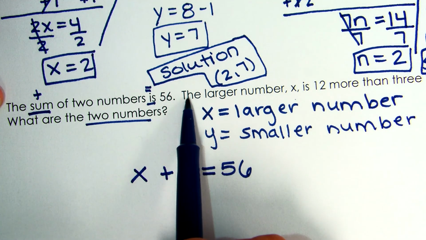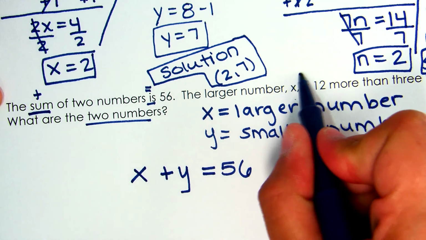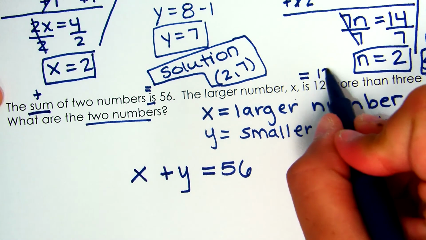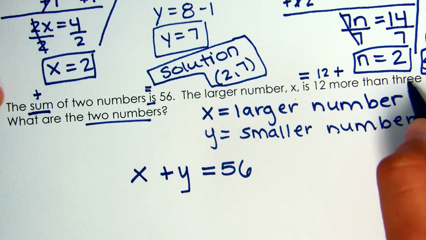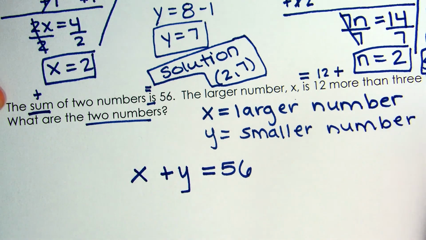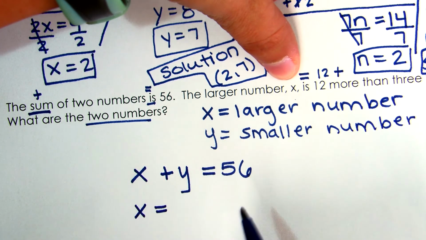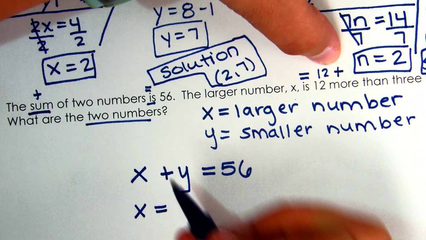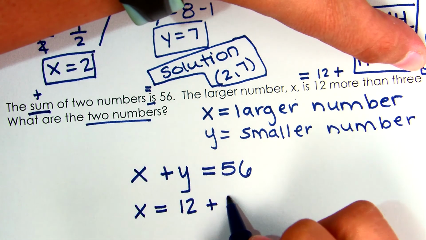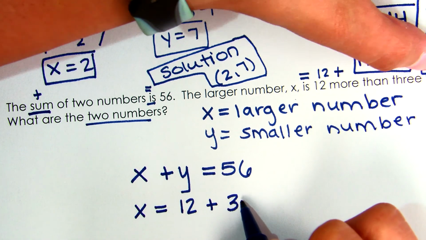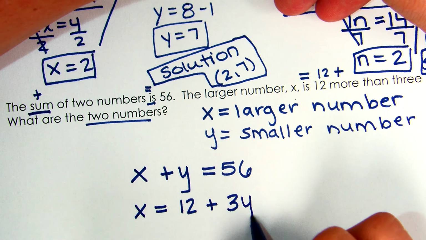Now it tells me the larger number, x, is means equals, 12 more than means plus, 3 times the other. So the large number, x, equals 12 plus 3 times the other number. My other number, since I already used x, is y, the smaller number.